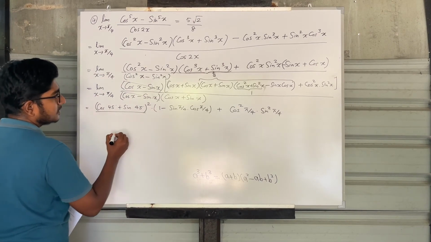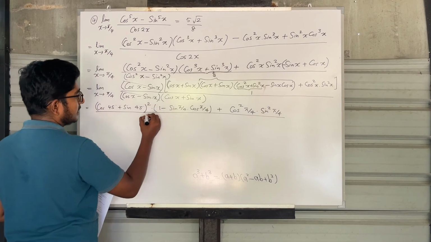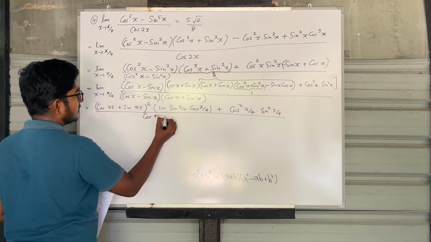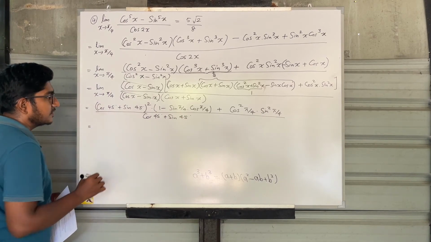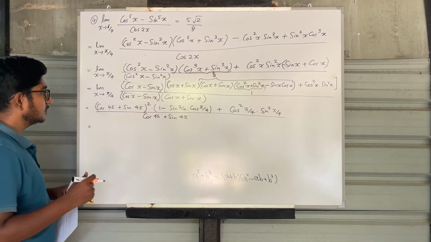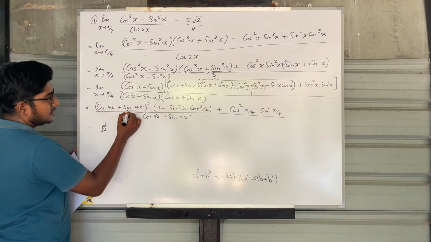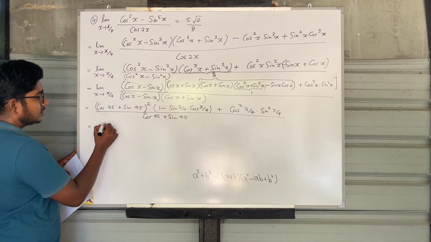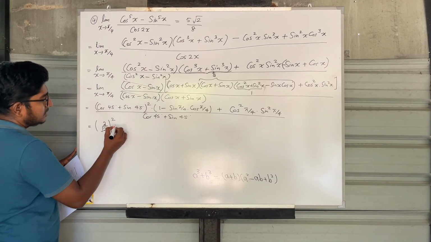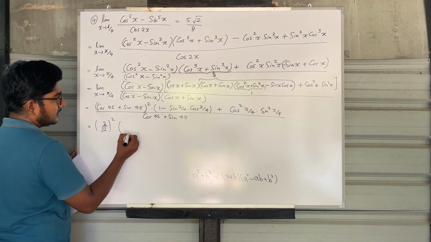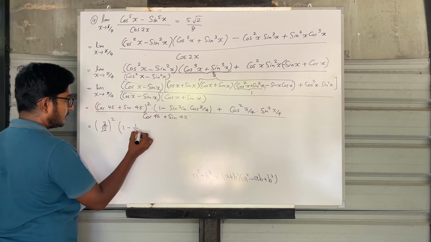Denominator is cos x plus sin x, which is cos 45 plus sin 45. Cos 45 and sin 45 are 1 over root 2. Same thing, 1 over root 2, which is 2 times 1 over root 2. We have to take the square of the other bracket. 1 over root 2 into 1 over root 2 becomes half.